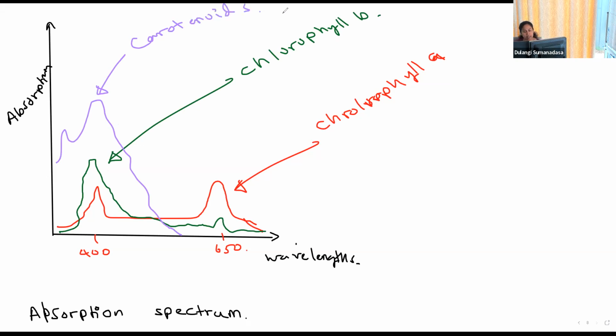Each line represents the absorption of a different pigment at different wavelengths. So in the absorption spectrum, you can see three different lines, each representing an individual pigment absorbing at different wavelengths.